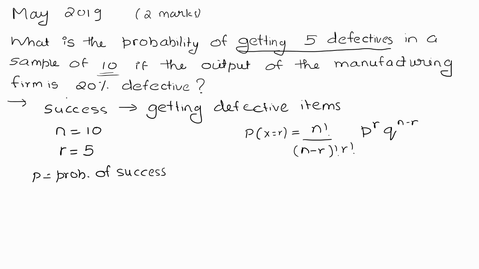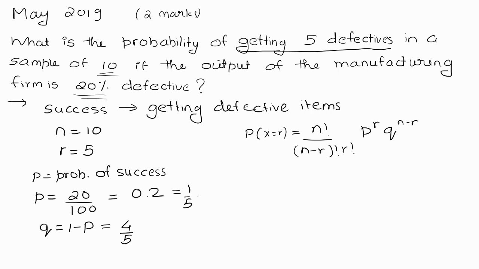If the output of the manufacturing firm is 20% defective, out of 100, 20 are defective. My probability of success will be 20 upon 100, that is 0.2 or 1 by 5, one and the same. Once I know the p value, I will also know the q value, because q equals 1 minus p. Therefore my q value comes out to be 4 by 5.